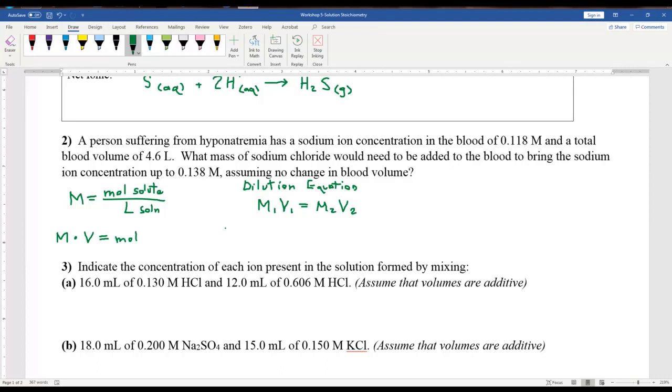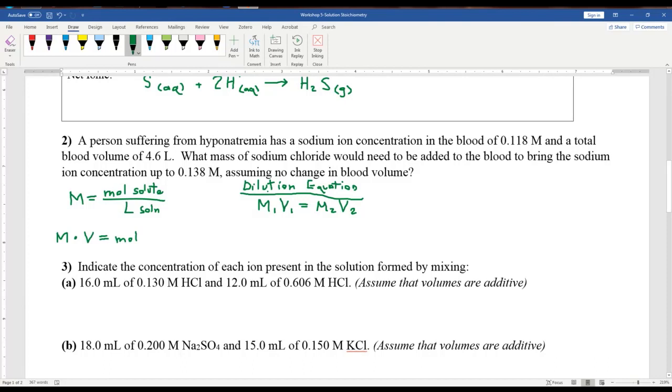Well, I guess my thought was that whatever number I get for M2 times V2, I can just multiply by the molar mass of sodium chloride. But I guess the key word here is dilution. The only way a dilution equation can be used is if the only thing being added is water.